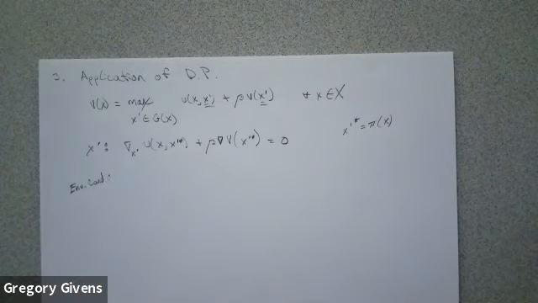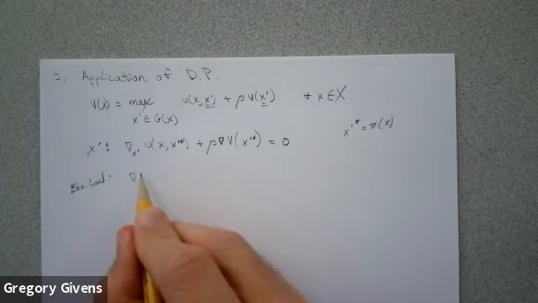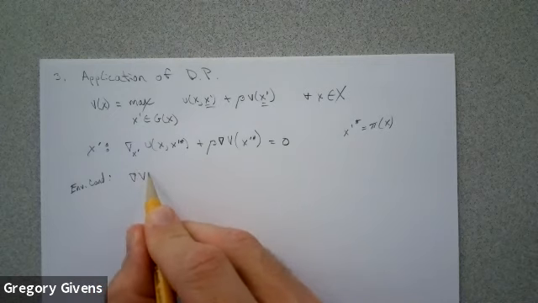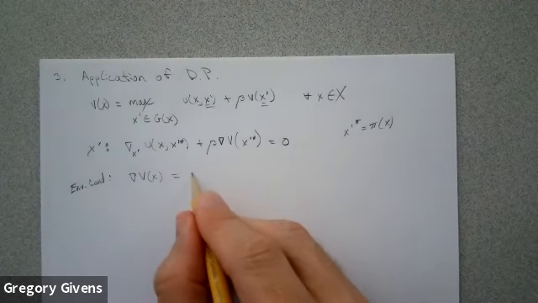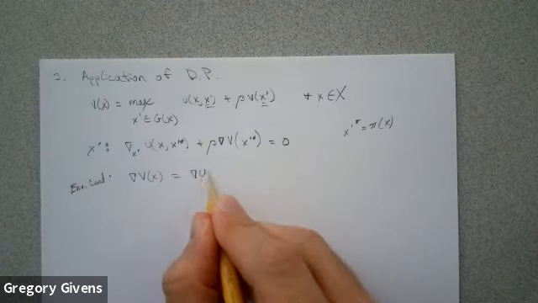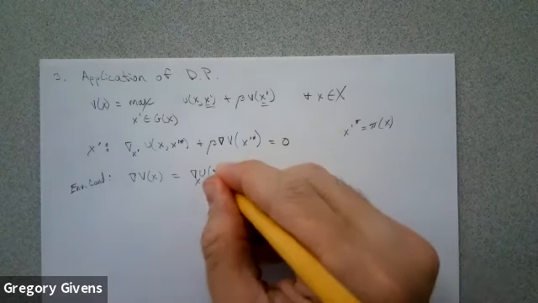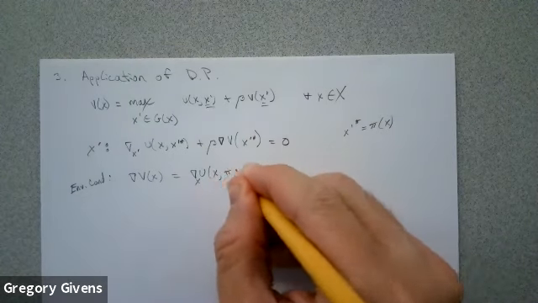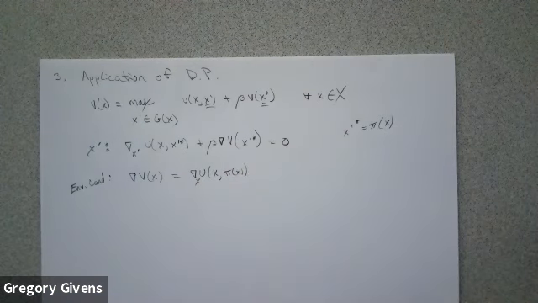What's the envelope condition on this problem? The gradient of V with respect to x was equal to what? The gradient of u with respect to the first argument of x, pi of x, or x prime star.